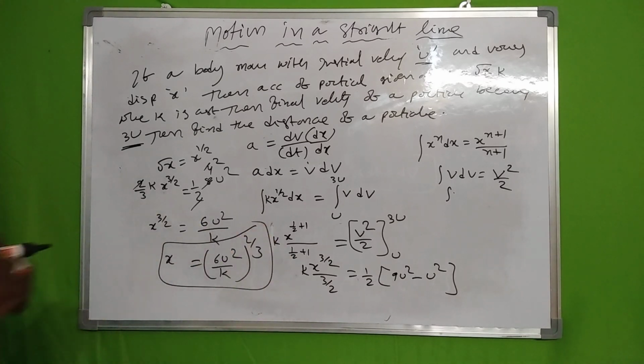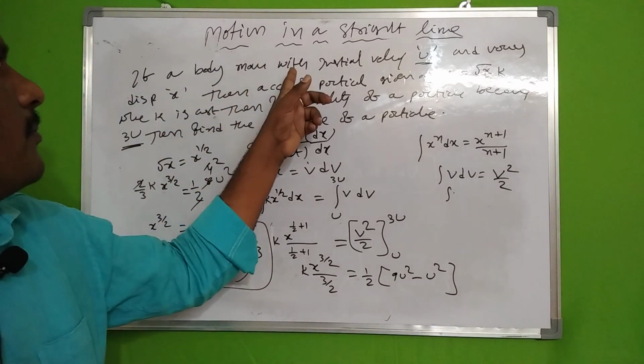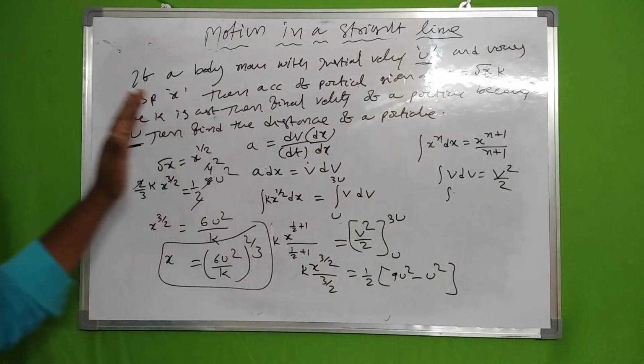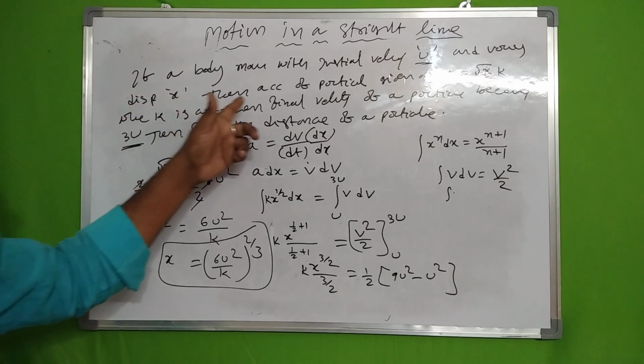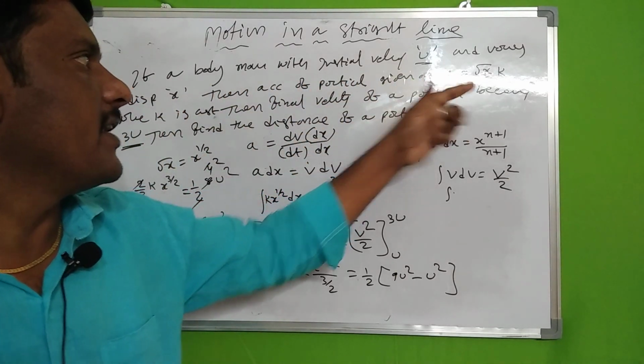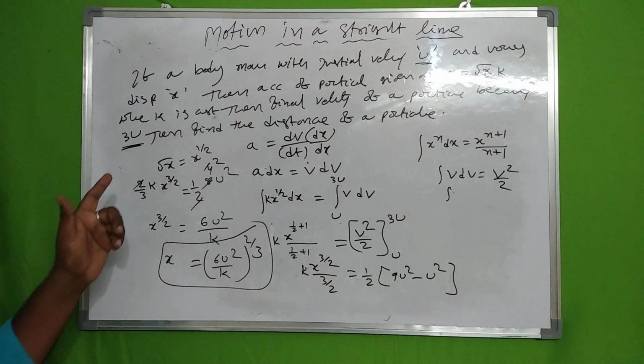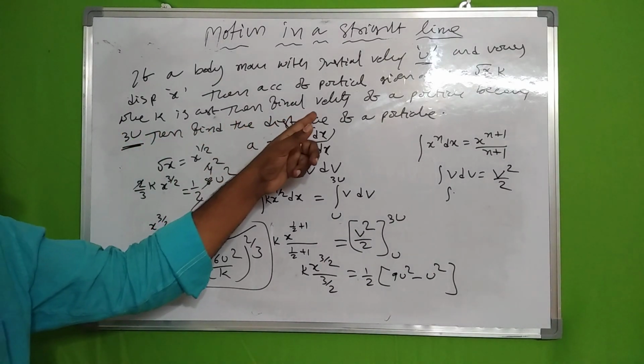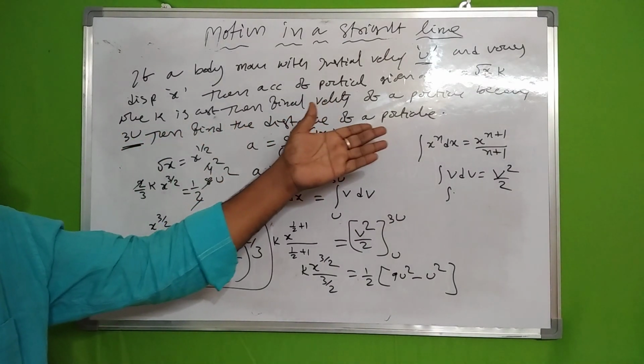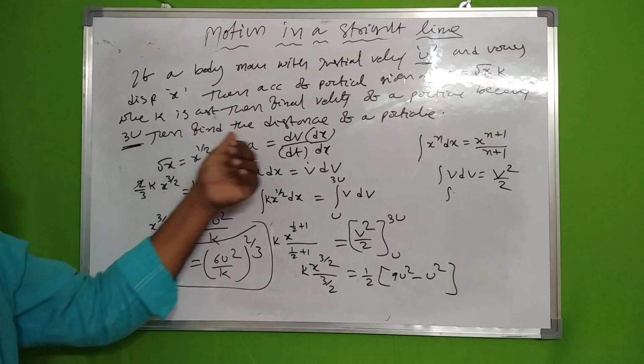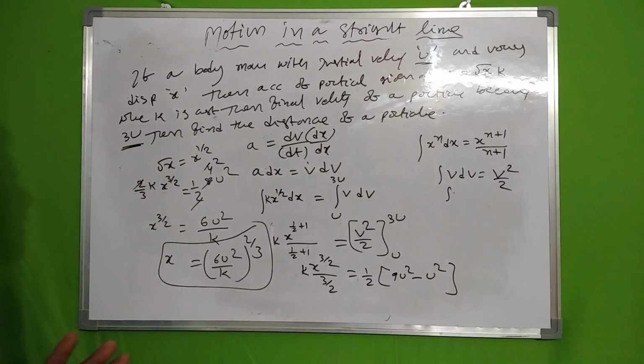So once more: if a body moves with an initial velocity u and displacement x, then the acceleration of the particle is given as a equal to root x times k, where k is a constant. Then find the final velocity of the particle, which becomes 3u, then find the distance of the particle.